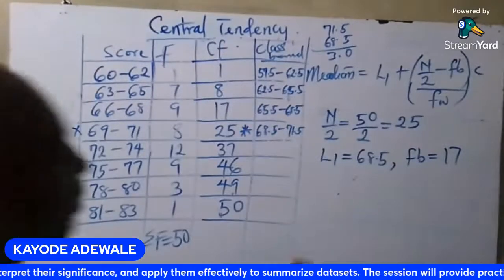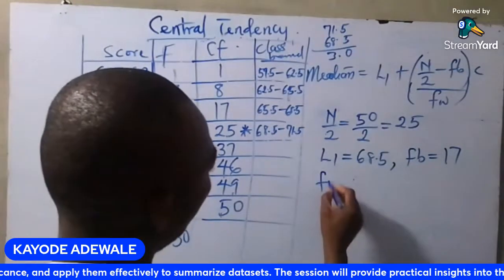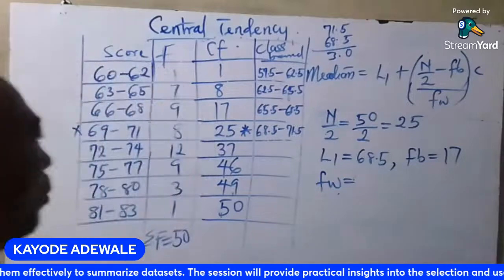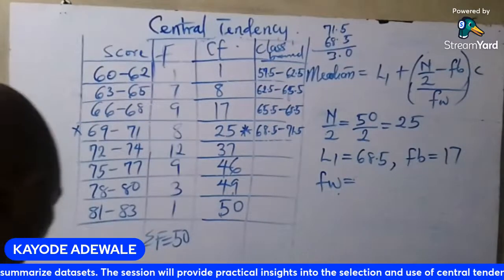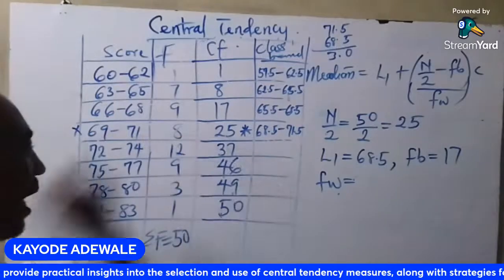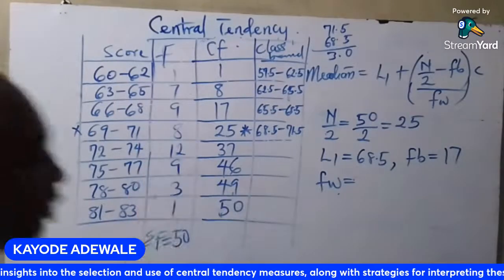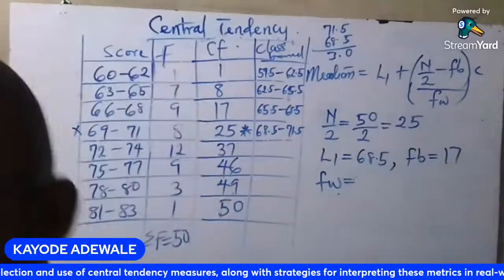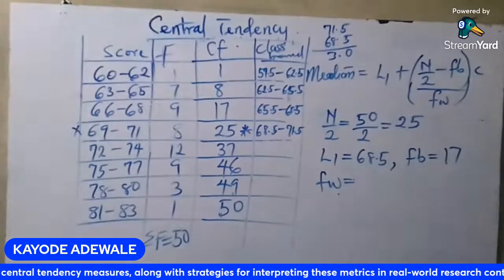Now we have FW. What is FW? FW simply means the frequency within the median class. What is the frequency of that median class? Can somebody talk to me? Those that are online, what is the frequency of that median class?